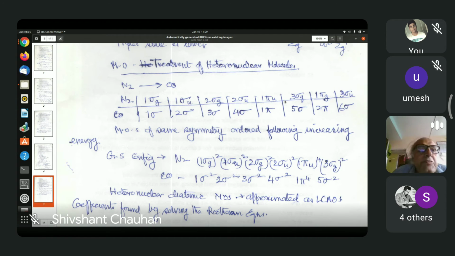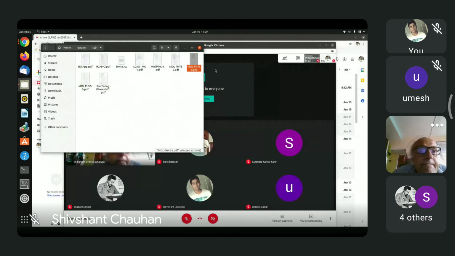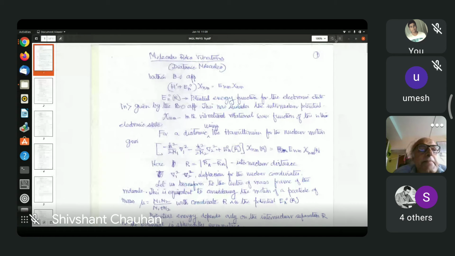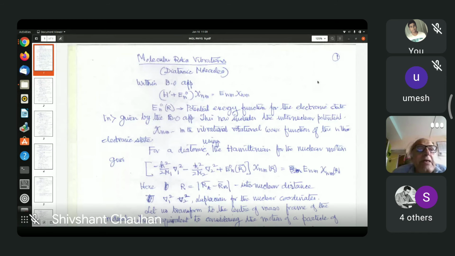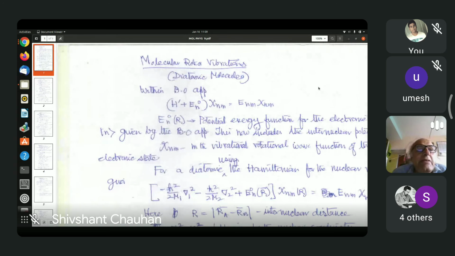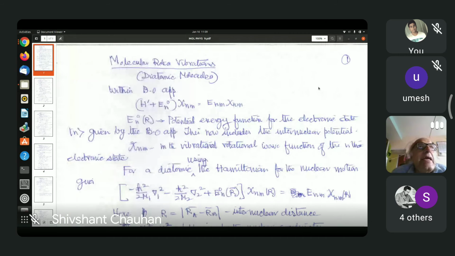Okay, should we now move to the vibrational spectroscopy? Yes, this is easier actually, at least the first part, because you already know the Born-Oppenheimer approximation. In the Born-Oppenheimer approximation, you calculate the total energy with fixed nuclei.